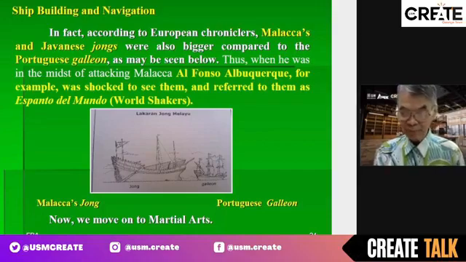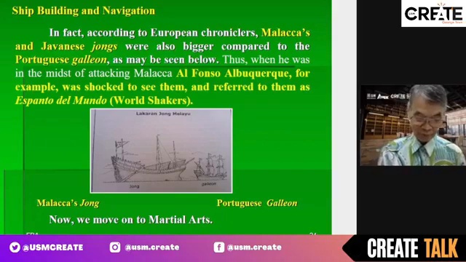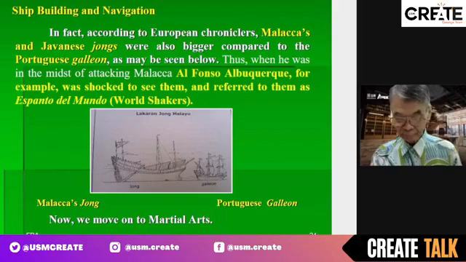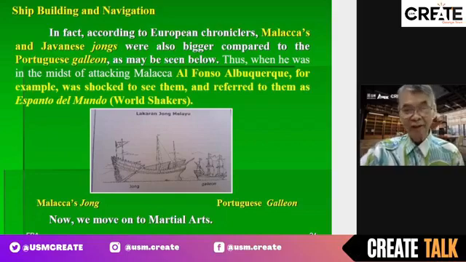He was shocked to see them and referred to them as Espanto del Mundo, world shakers or world terrors, capable of terrorizing Western, and especially in his case Portuguese, ships. Okay, I managed to get this picture from the internet. So on the left you can see Malacca's jong. On the right you can see a Portuguese galleon. All right, thank you so much.